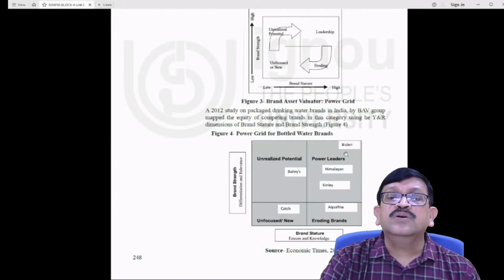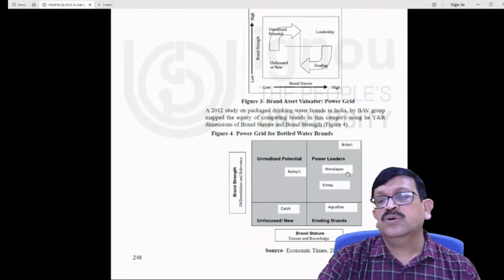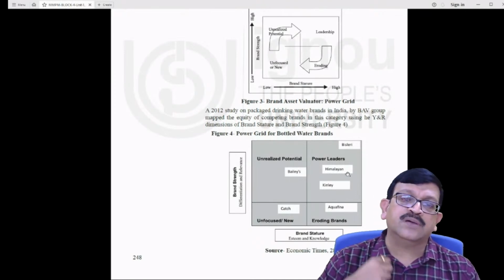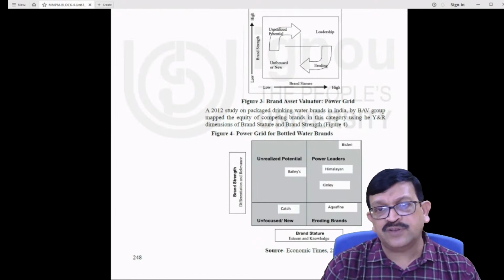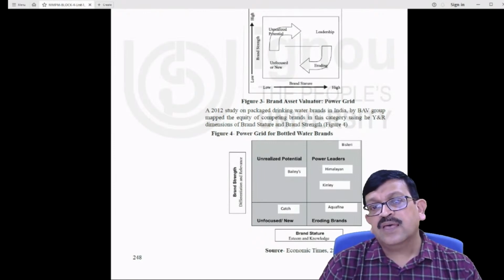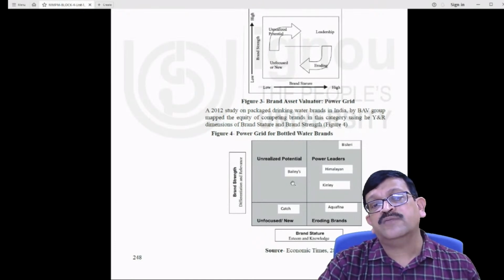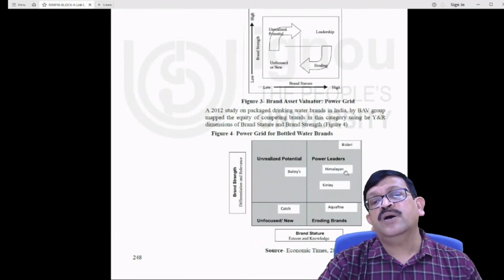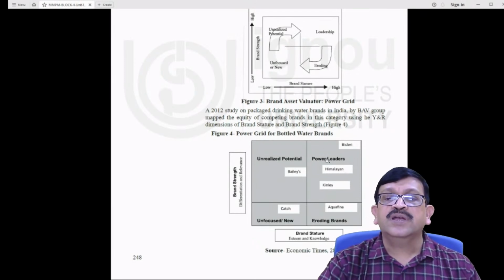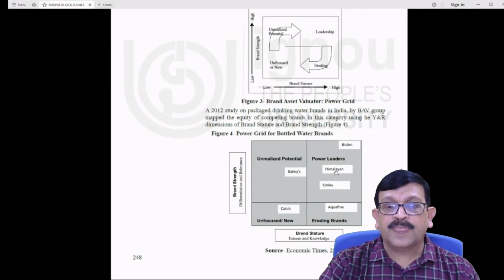They have been able to connect strongly with the customers in terms of knowledge, differentiation and relevance. But there are some brands which are not there. For these brands, there is a lot of work to be done to really move into the powerful quadrant. Obviously, this is the most desired quadrant to be in.